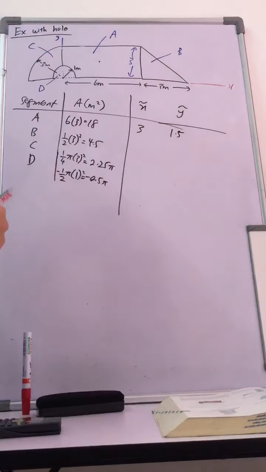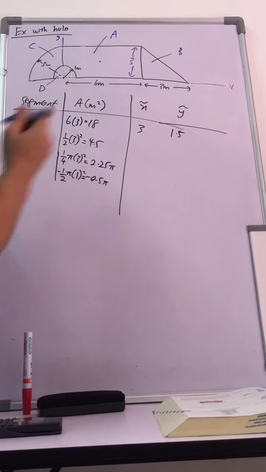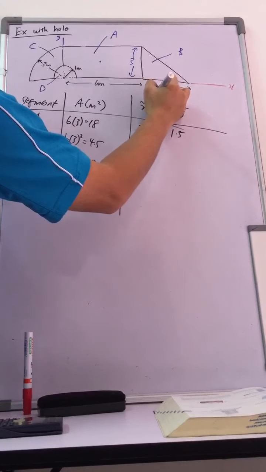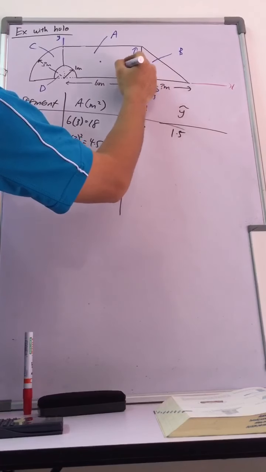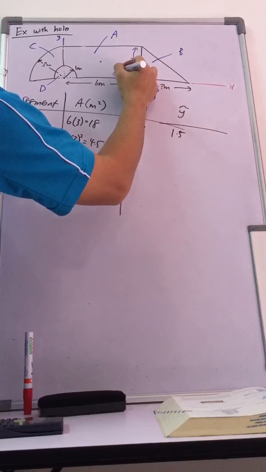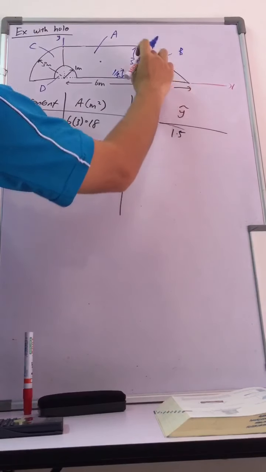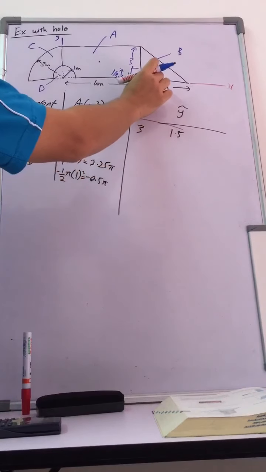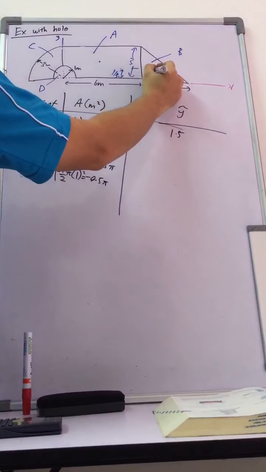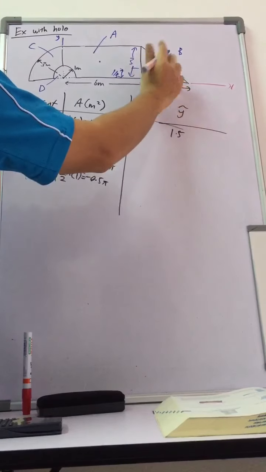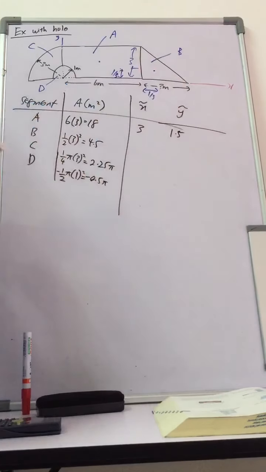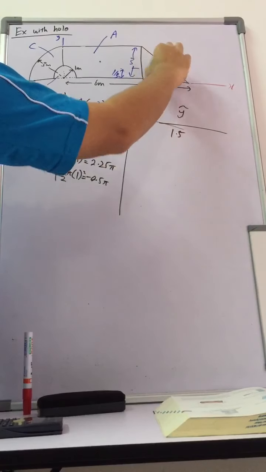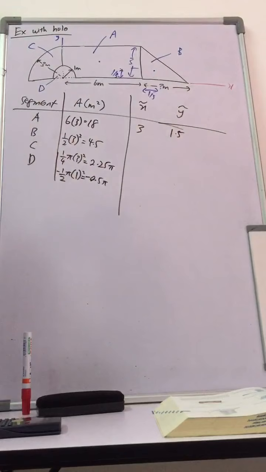Okay? And both are positive coordinates. For B, like we discussed before, for a triangle, you have 1 over 3 from the big side and 1 over 3 from the other side, okay? So 1 over 3 of 3 is 1, isn't it? So the centroid is somewhere here. This is 1 over 3 from this side, and this is 1 over 3 from this side.